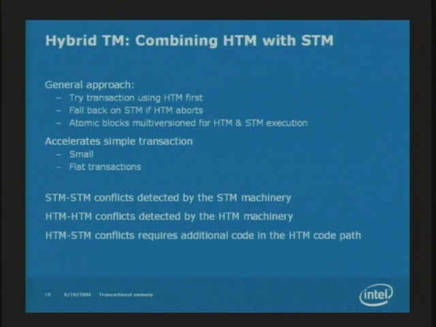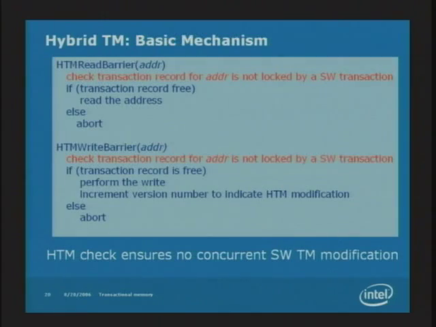And the way it is usually handled is you add a little bit of code in the hardware transaction so that a concurrent software transaction is aware of the fact that a hardware transaction is running, and we can get the right things done. So due to time, I'll just present the gist of the idea. But what happens in here is when you're doing an HTM transaction, you essentially go in and check the transaction record for that particular object or that particular data.